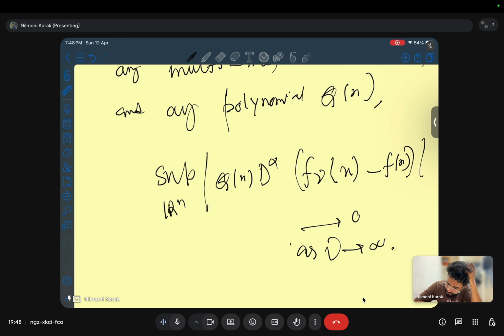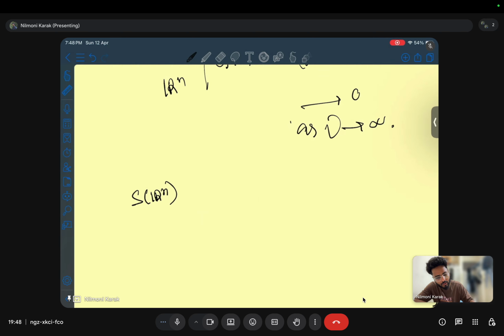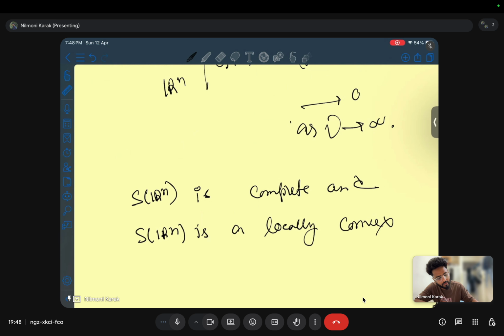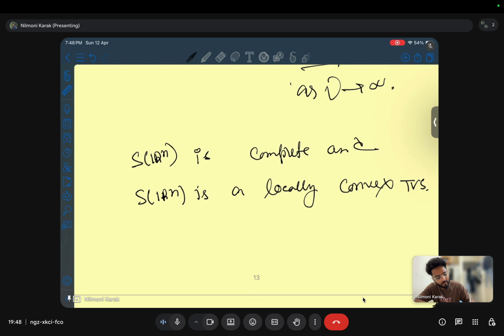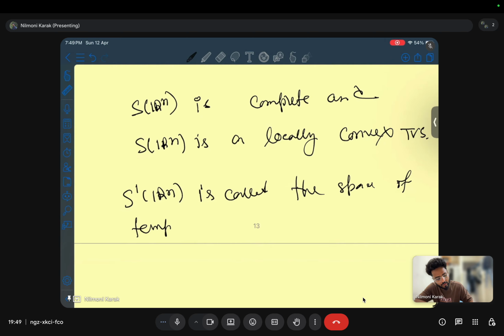And again, like the one variable case, this S(R^n) is complete and S(R^n) is a locally convex TVS, and again the dual space S dash R^n is called the space of tempered distributions on R^n.